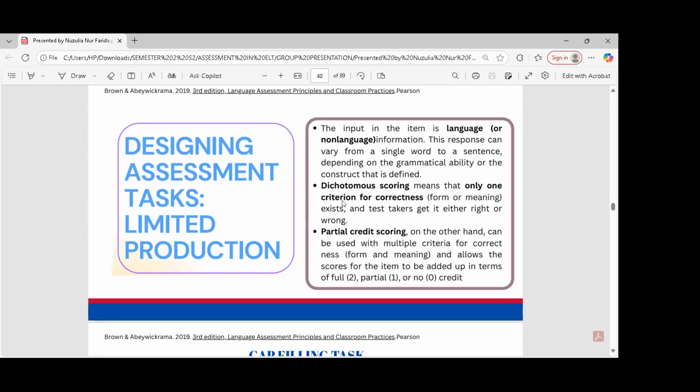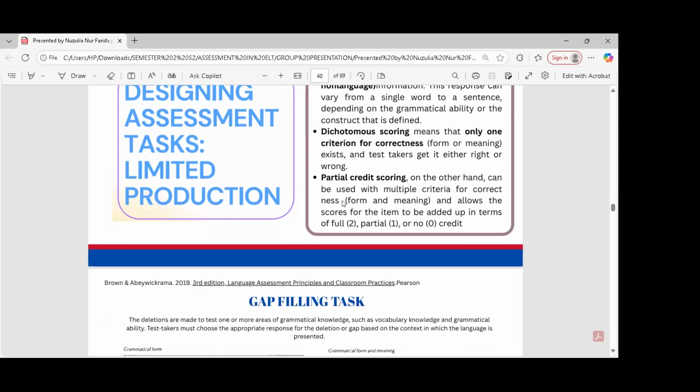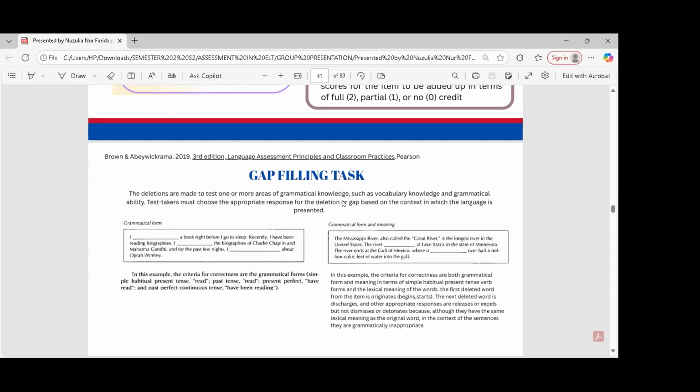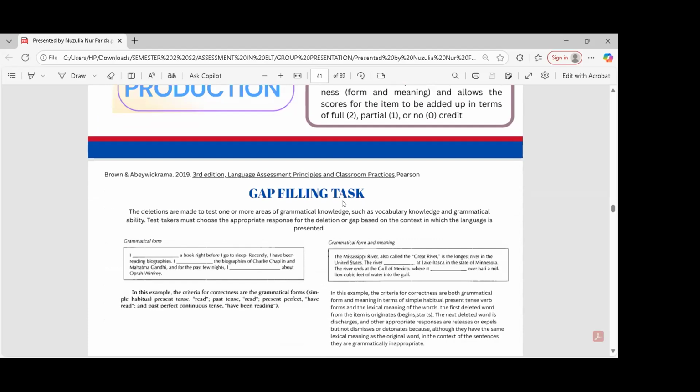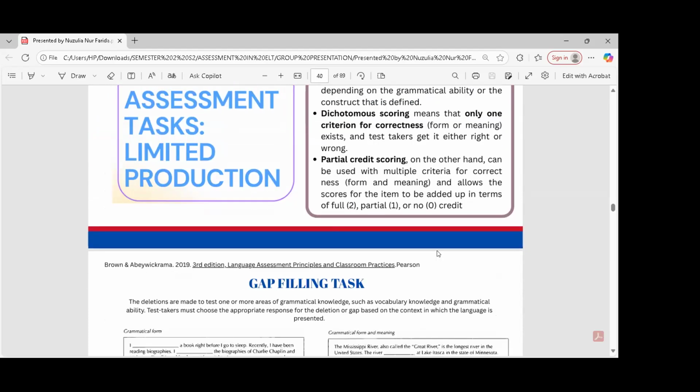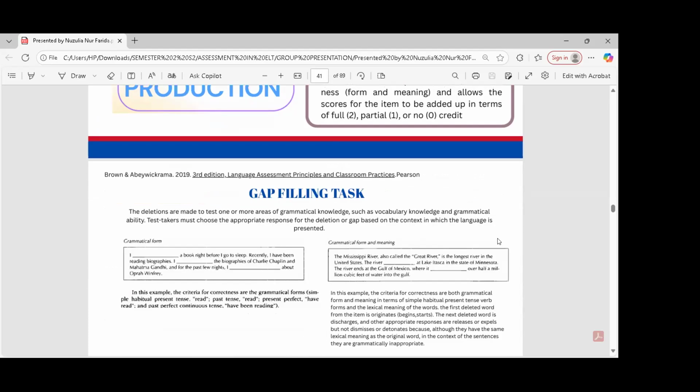Yeah, so the next is limited production. Okay, you can read it by yourself. An example of limited production is the gap filling task. So I think you already know this kind of form, gap filling task.